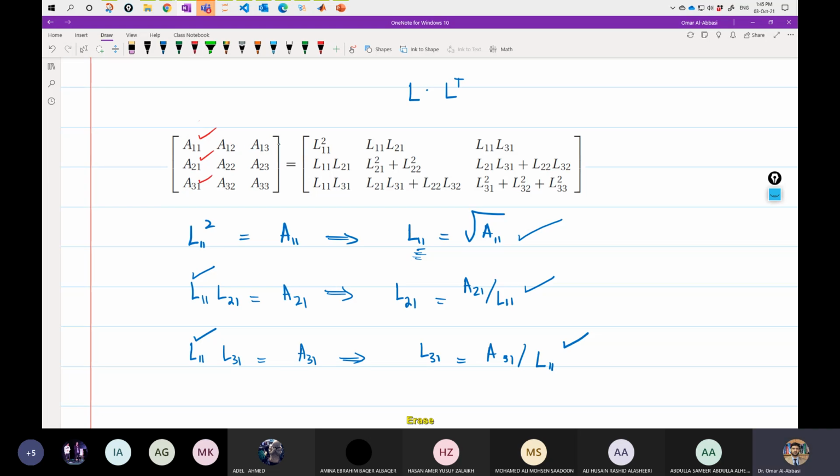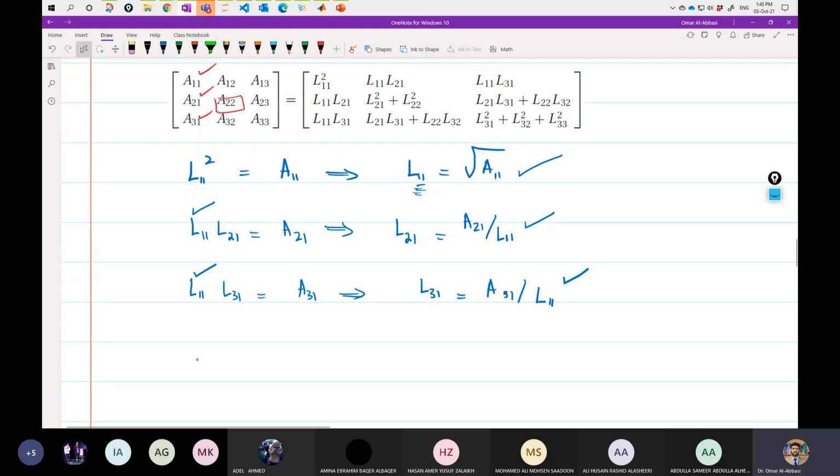Okay. Let's move to the next one, A22. So guys, let me write it in this way. L21 squared plus L22 squared equals A22. Right? Those are identical, those are equal. So what shall I do now?